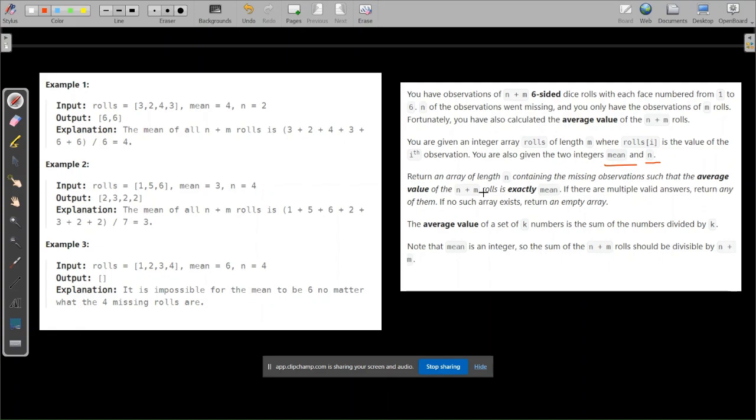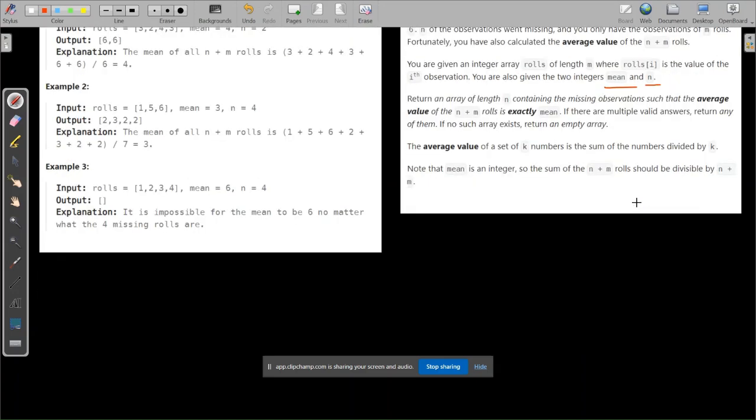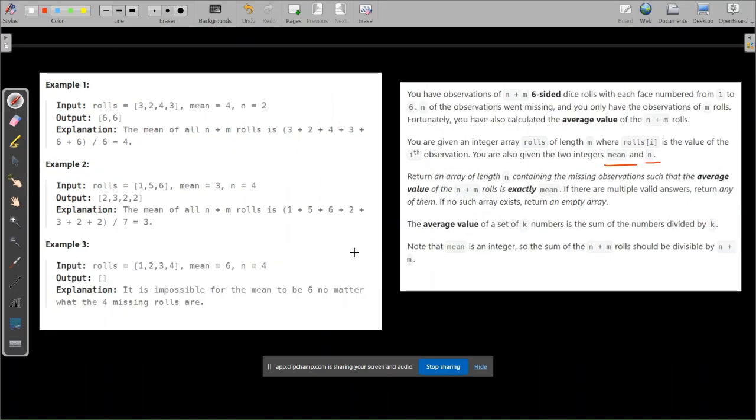Makes sense. Now return an integer array of length n containing the missing observations such that the average of the m plus n rolls is exactly mean. There can be multiple valid answers. I have to return any one answer, and if no such array exists, I need to return an empty array.